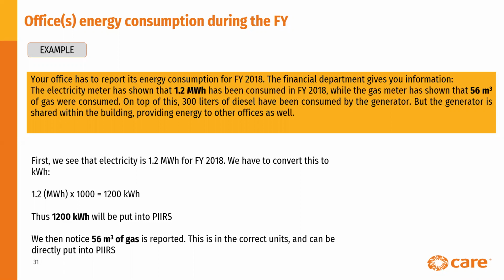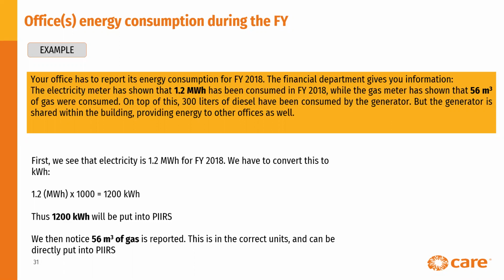The electricity meter has shown that 1.2 megawatt hours has been consumed in fiscal year 2018, while the gas meter has shown that 56 cubic meters of gas were consumed. On top of this, due to some shortages during the year, 300 liters of diesel have been consumed by the generator, but the generator is shared within the building with many offices, providing thus energy to other offices as well.